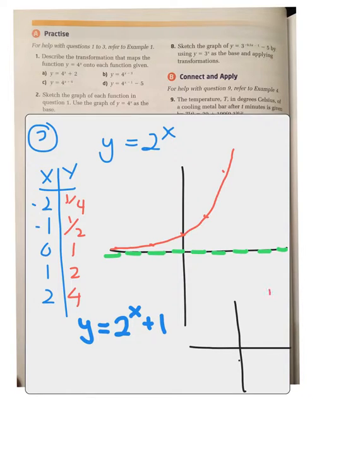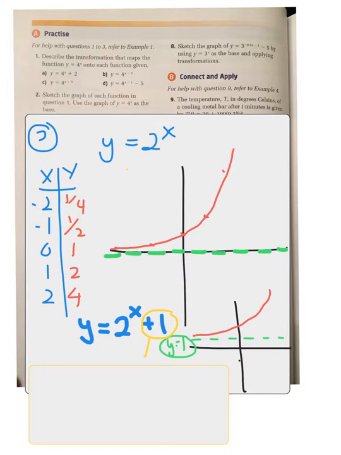Every point gets shifted up 1, and the asymptote ends up being shifted up 1 as well. And that asymptote now has the value y equals 1, which coincidentally will be the same as this value here on the end of the equation. So the asymptote will reflect that value there.